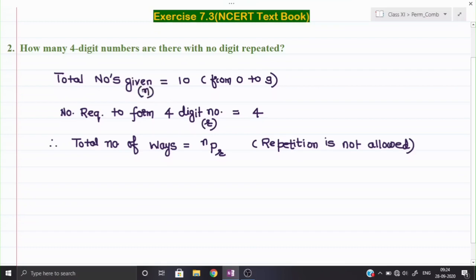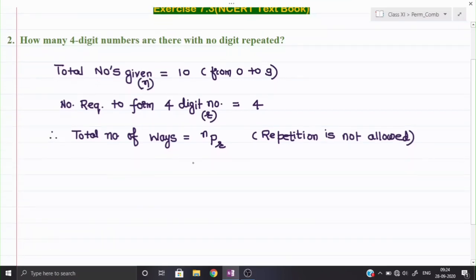If I replace the values, this will be 10P4. Now you will say we will apply the formula of nPr and get the answer. But the question doesn't end here. There is a twist in this question.